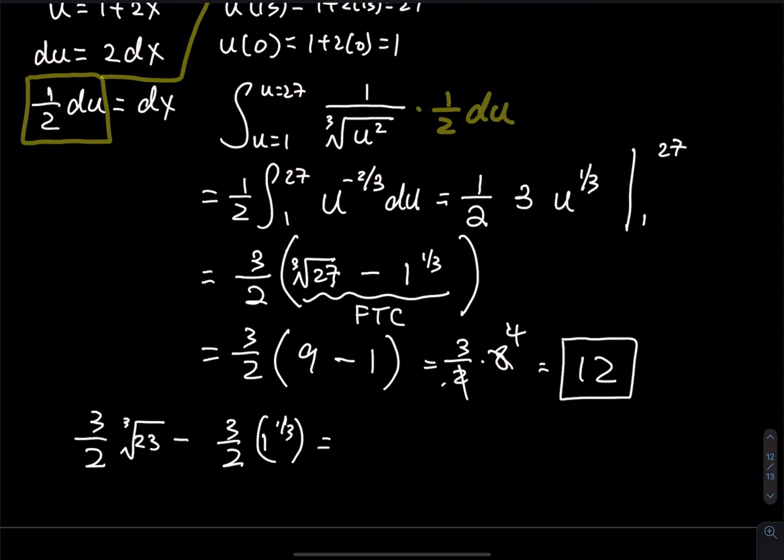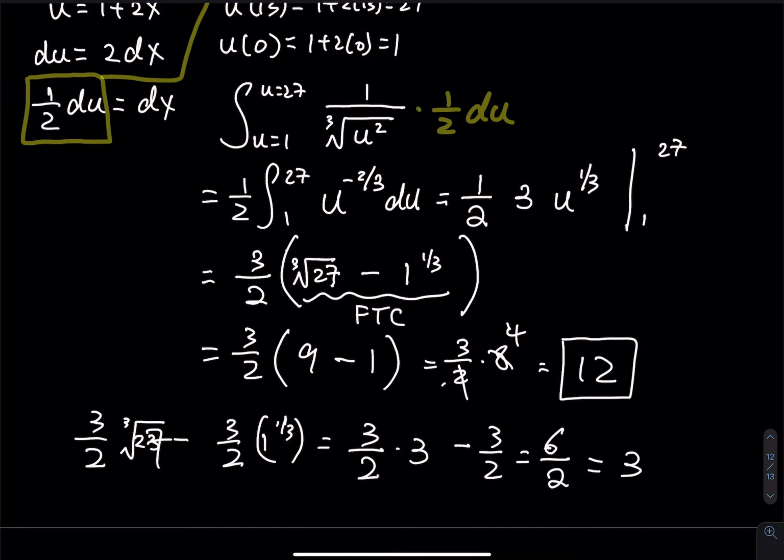And then that is equal to 3 over 2 times 27 to the 1/3, which is 3, not 9, and then minus 3 over 2. So that would be 9 minus 3, which is 6, and then 6 over 2 equals 3.